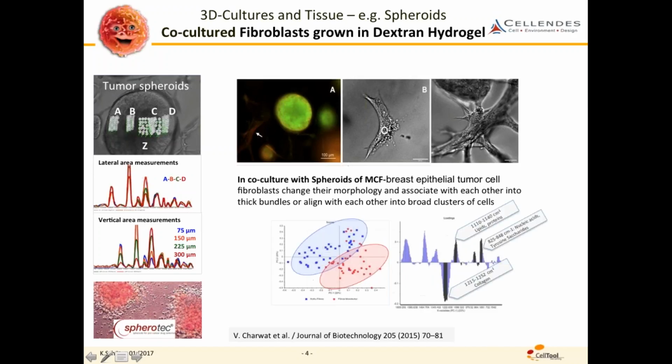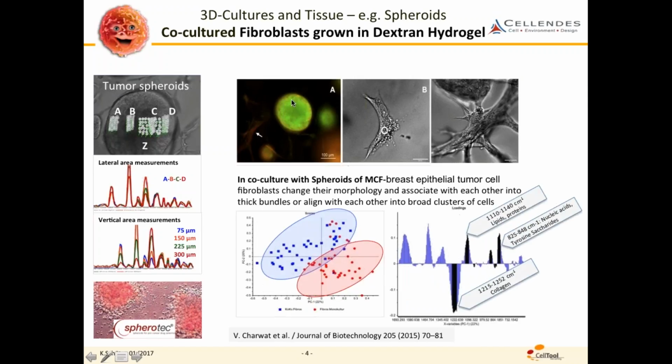And when we look into them in co-culture with this tumor spheroid, something happens. And we can clearly see this in the Raman spectra. Here is displayed the score plot. And if we look into the main peaks, which make the differences between the fibroblasts in co-culture as compared to non-co-culture, we see the color seems to change.